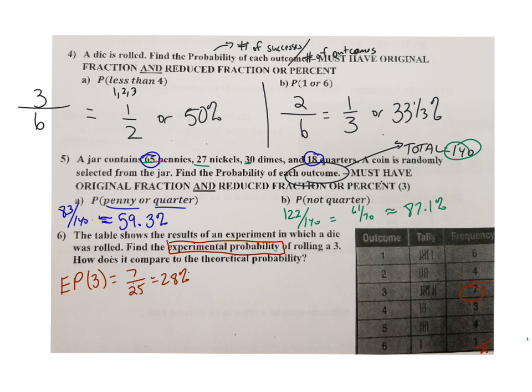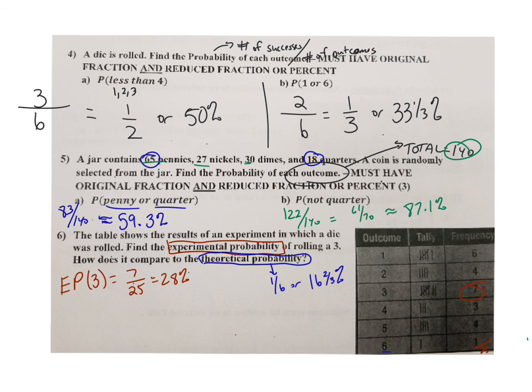Now, the theoretical probability of rolling a 3 is 1 over 6, or 16.66%. Or we'll say 16 and 2/3%. Alright? Now, how do they compare?